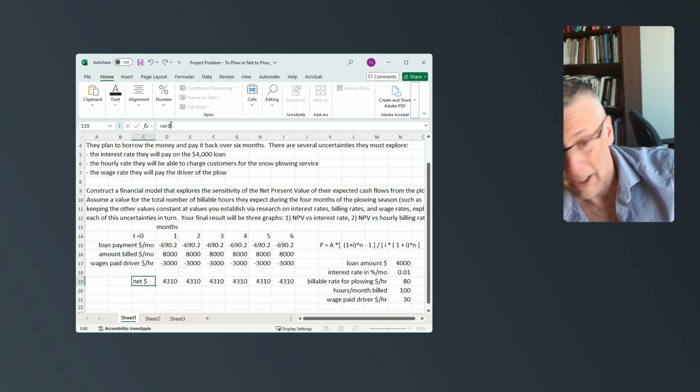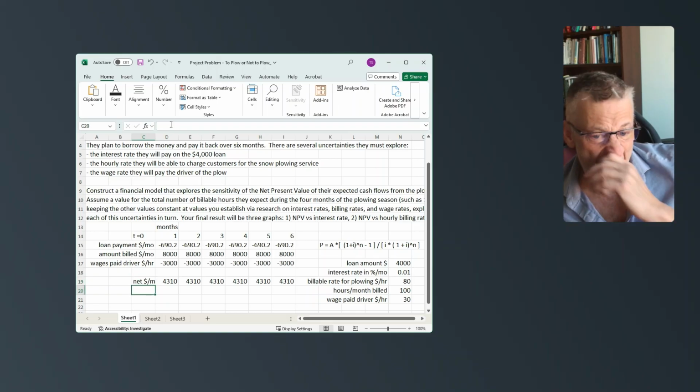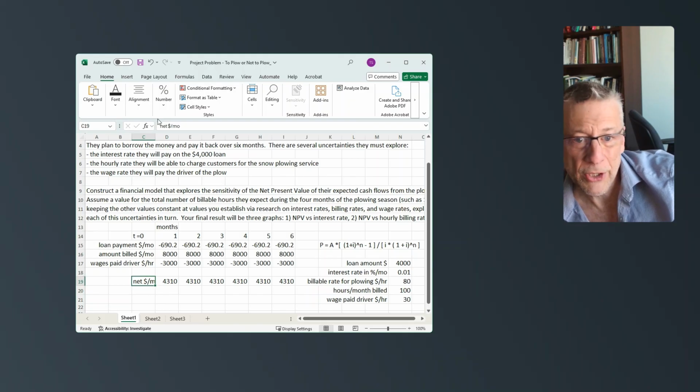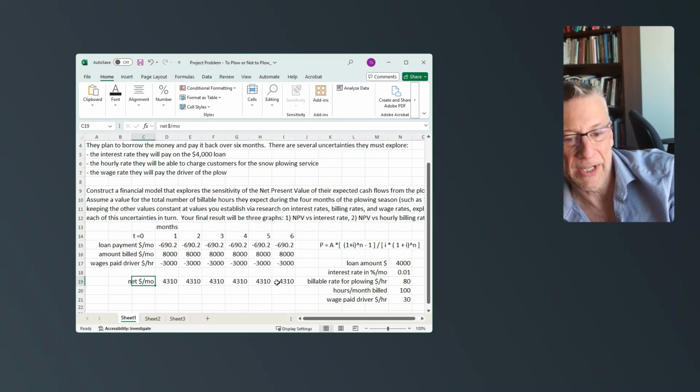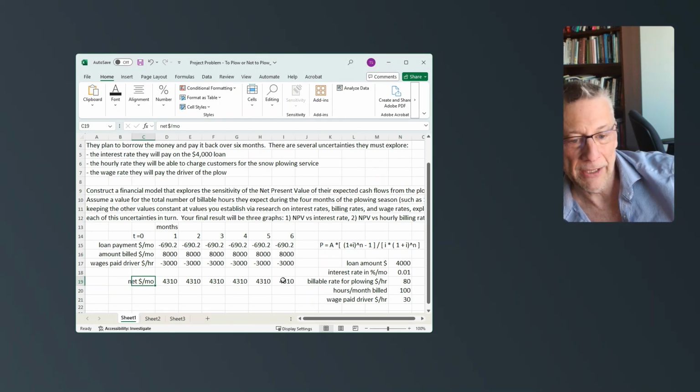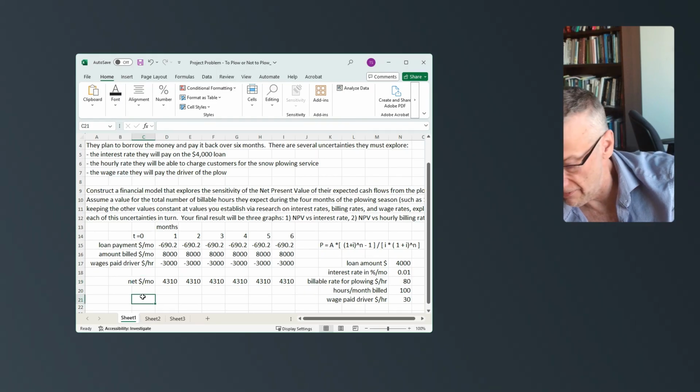It looks like it's a pretty good business. What we haven't done yet is compute the net present value of this business. And that means that we're going to have to adjust each one of these future incoming net cash flows into a present value.